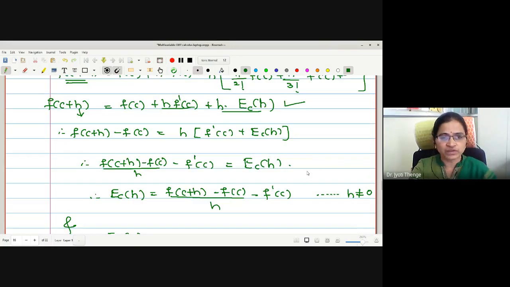Let me write this as equation number 2. This is called the first order Taylor's formula for approximating f of c plus h minus f of c by h f dash of c, with an error of h E c of h.